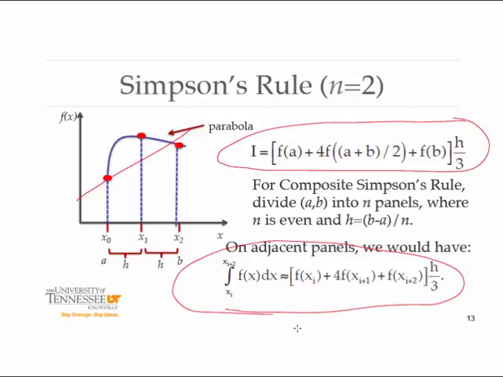Again, you have to look at xi, and then xi plus 2, and then xi plus 1. So it takes 3 nodes now instead of 2 to approximate the area under this quadratic, or this parabola. So this is called Simpson's rule.